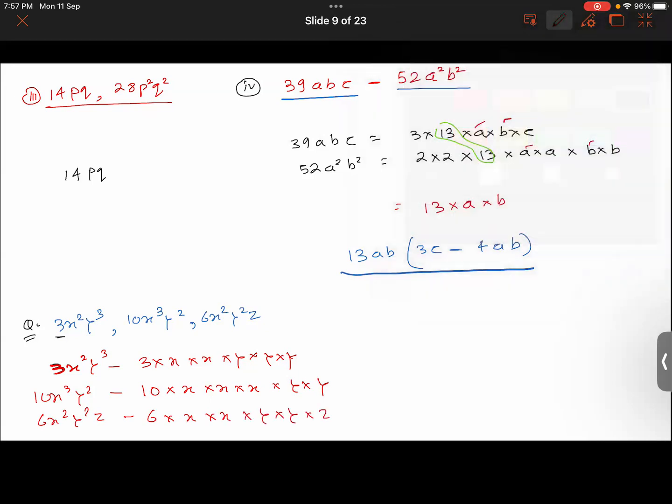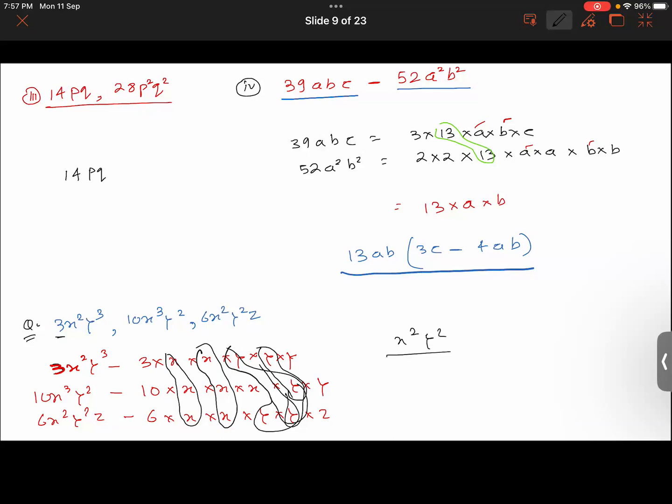So here we see that x is common in all the three, x is common 2 times, and y is also common 2 times only. So x square y square.